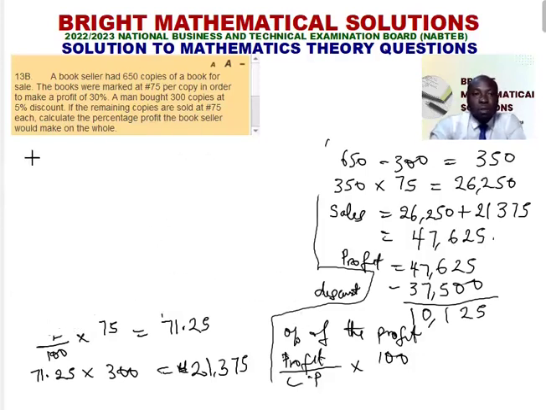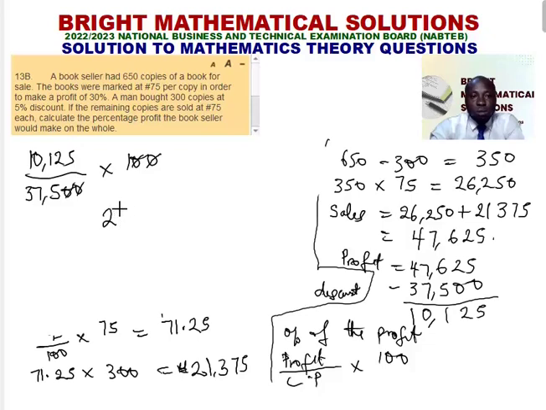So our profit is 10,125 all over the cost price, which is 37,500 multiplied by 100. So this zero cancels this. This gives us 27. So the percentage is 27%. So that is the percentage profit that the bookseller makes.